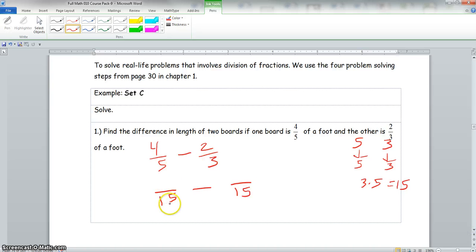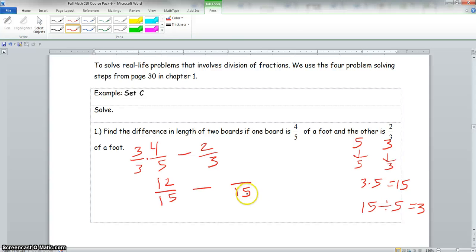Now what happens here is we take the new denominator divided by the old denominator. So we have 15 divided by 5, which is 3. So remember, this 3 is really multiplying this numerator and the denominator by 3. So we already have our 15, which was the 3 times 5. Now we take 3 times 4, which is 12.